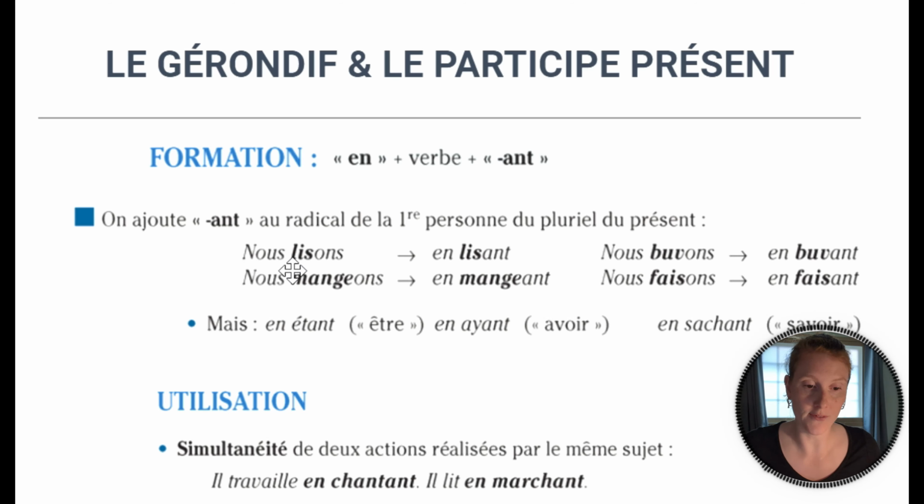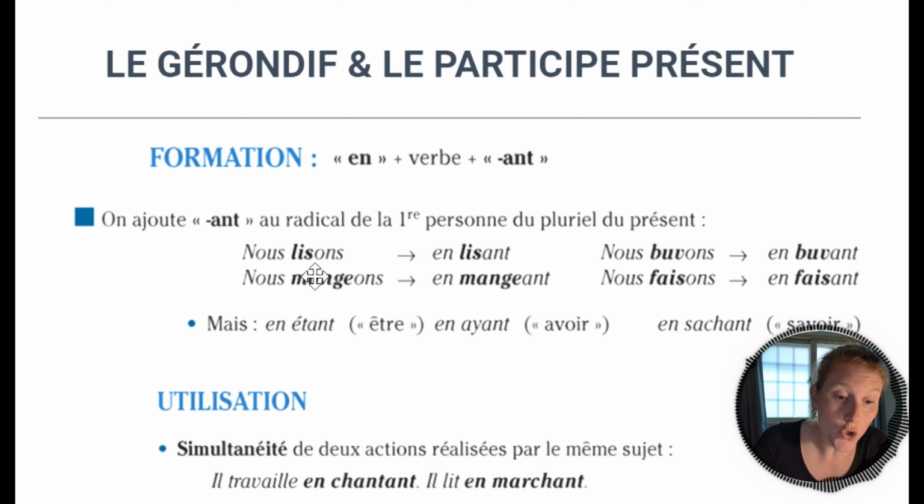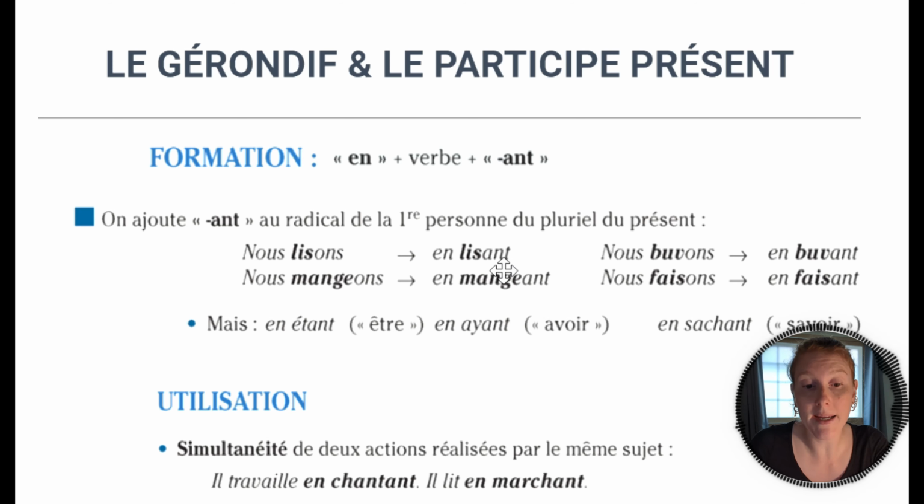So in the case of lire, it is nous lisons, right? Here, ONS is the ending, the part that makes the present tense, okay? Lis, L-I-S, is the radical part, okay? So you will keep this radical part and you will remove the ending, which is ONS here, and you will replace it by ANT.